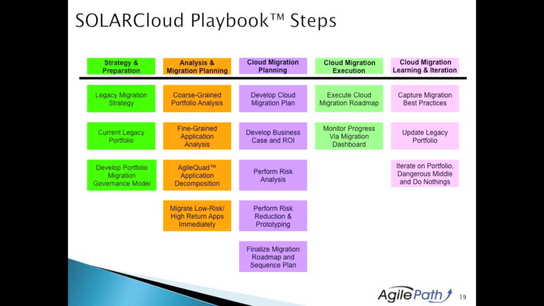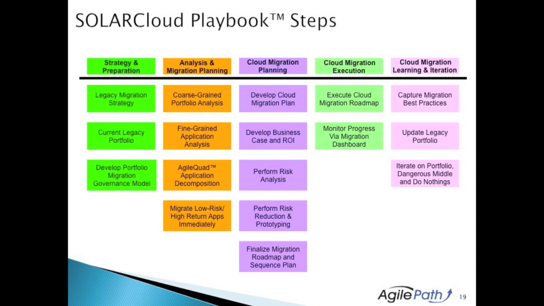Once you have that, you then feed into the actual analysis process, doing your coarse-grained and fine-grained analysis, applying the AgileQuad decomposition to help along the way, and to look at developing your migration plan. You want to look initially at the output of the coarse-grained analysis, and those are candidates that can proceed to the next step immediately, which is going into the cloud migration planning.